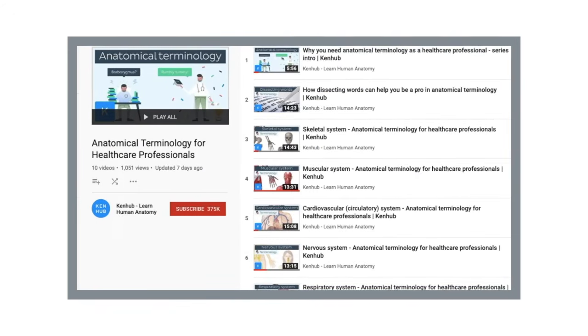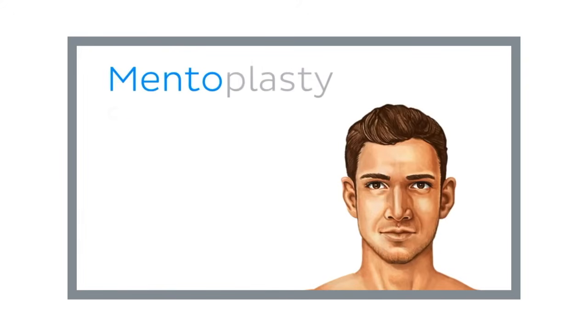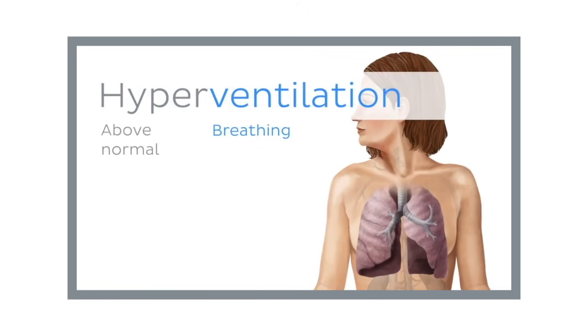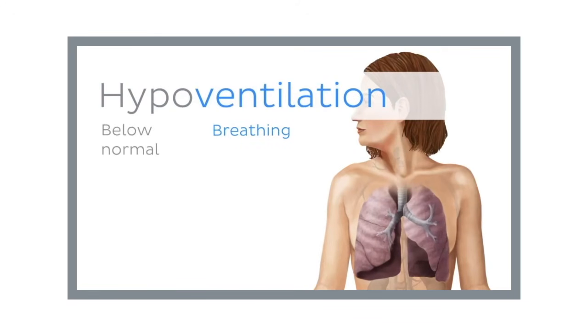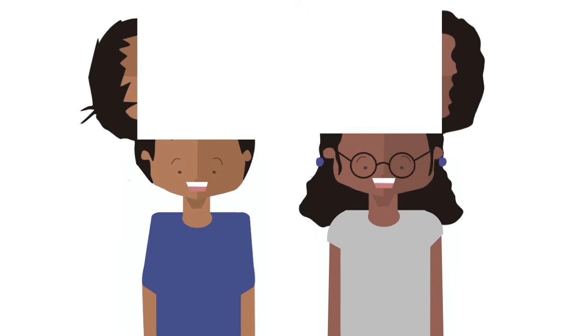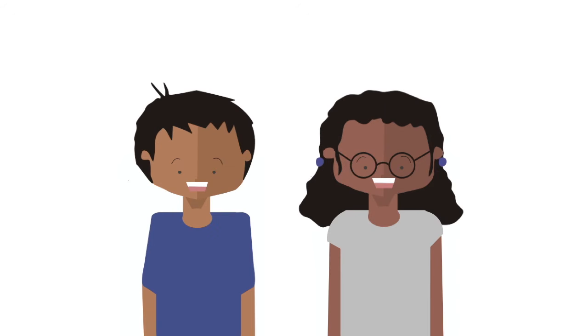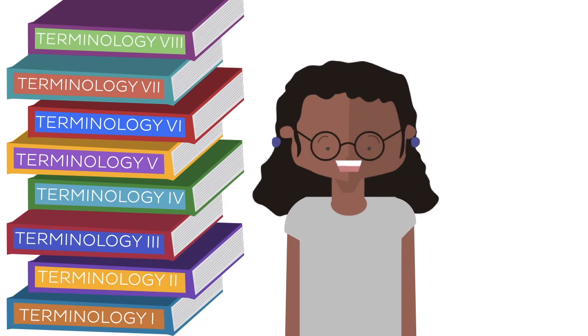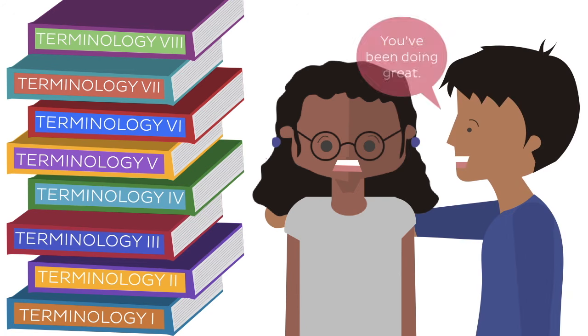Our goal for this series has been to introduce you to as many of these word parts as possible while exploring the systems of the body. After this series, I hope you feel you've truly begun to build up your own repertoire of roots, prefixes, and suffixes to use when identifying new terms. Of course, there is lots we didn't have time to look at, but don't underestimate the work you've done to get this far.